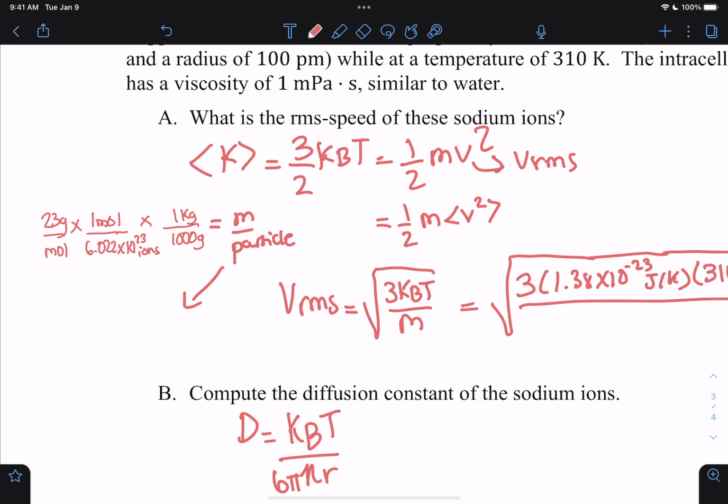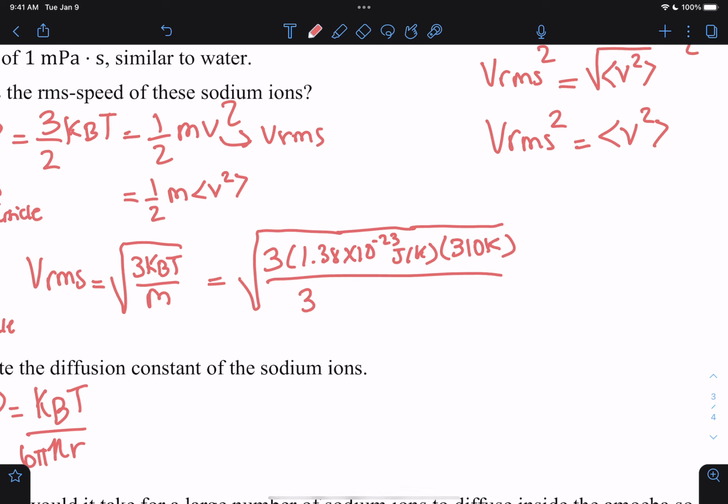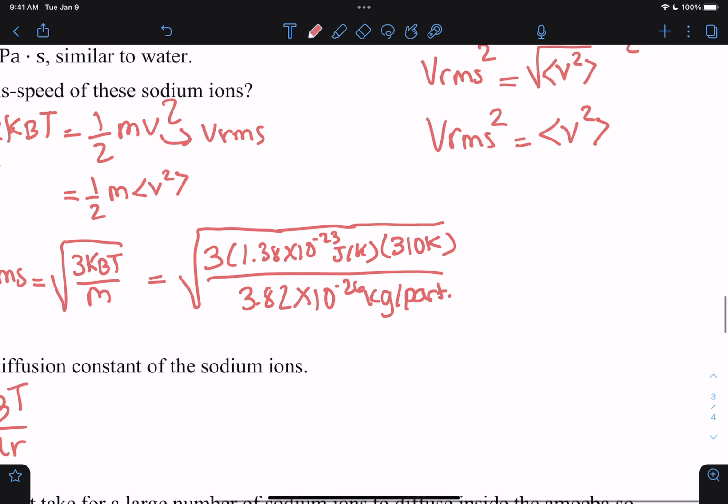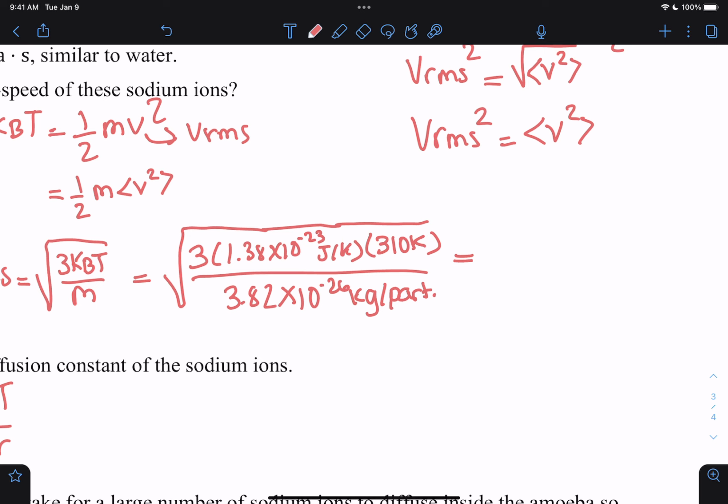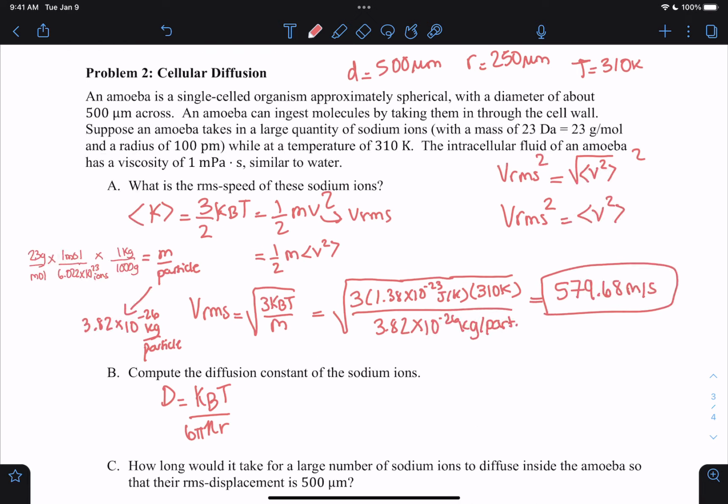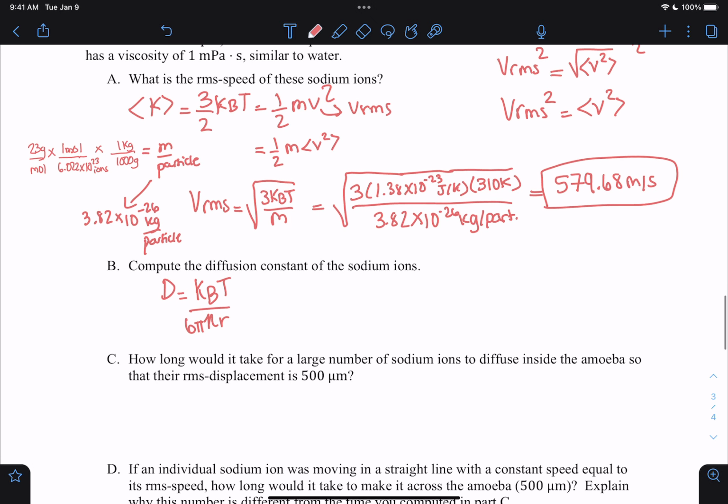And this was around 3.82 times 10 to the negative 26 kilograms per particle, or ion. Either way. Once you solve that out, you should get around 579, 580, something like that. Yeah, I got 579.68 meters per second for my VRMS there. Sound good for A?